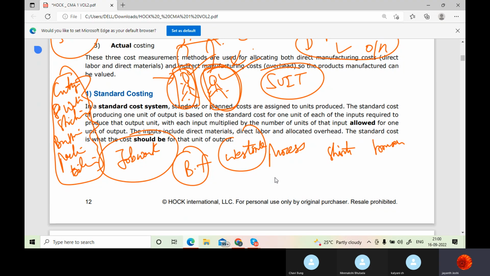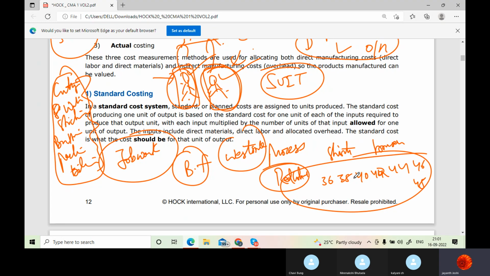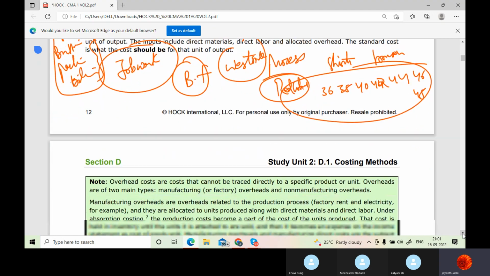Suppose a shirt of one pattern that is of red color, you'd be seeing size 36, 38, 40, that means medium, large, extra large, 42, 44, 46, 48 range. You will be getting all these ranges for these shirts, correct? Do you think one tailor is making all these shirts by taking everyone's specification? No. This is done by some process.